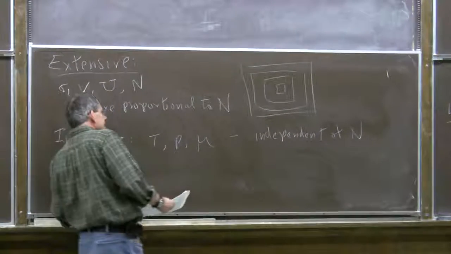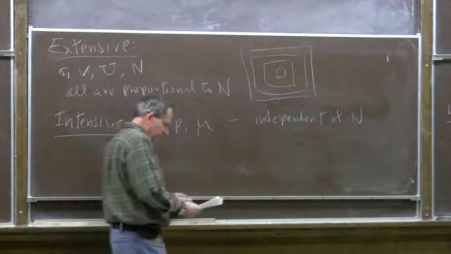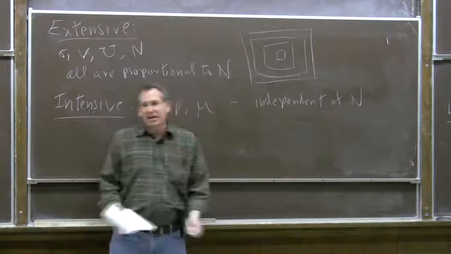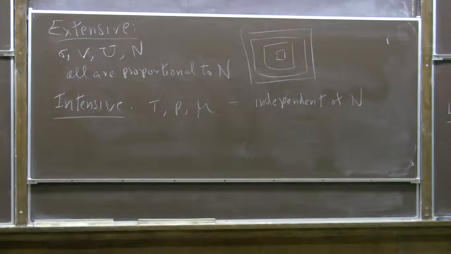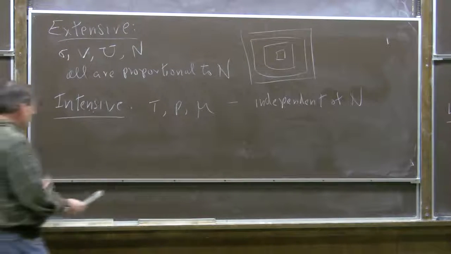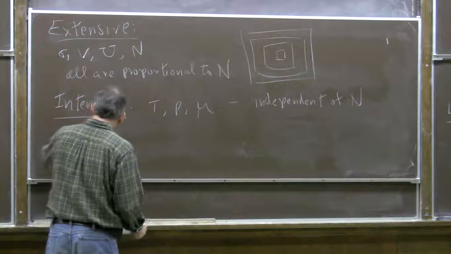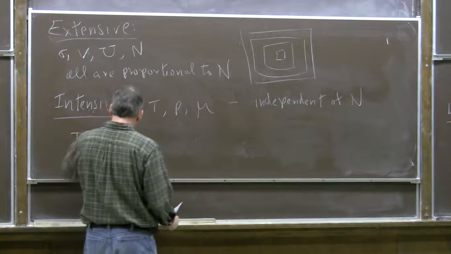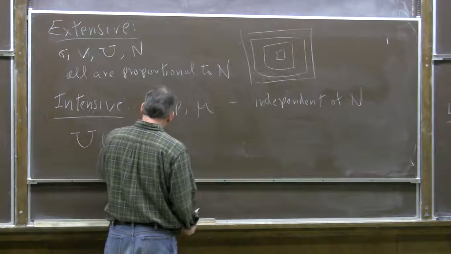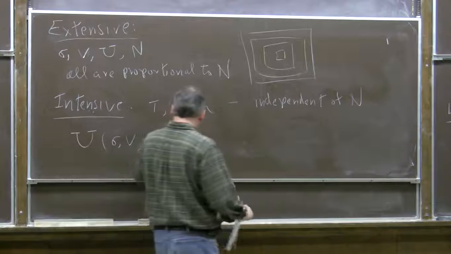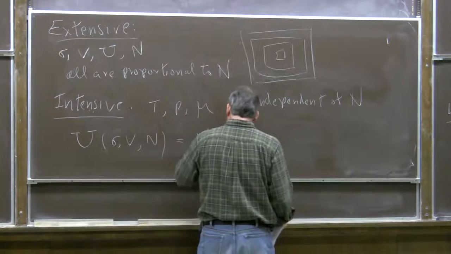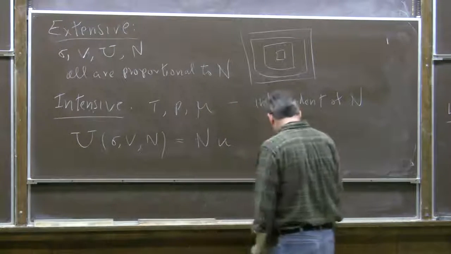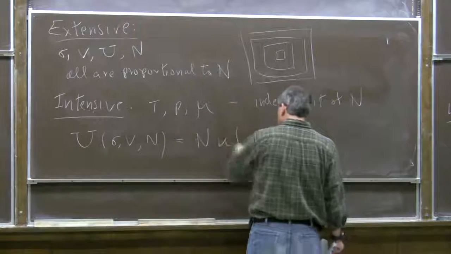Now I can always get an intensive quantity from an extensive one by dividing by another extensive quantity, like, say, the number of particles. So in other words, I can say that U, the internal energy, which is a function of sigma, V, and N, I can write that as number of particles N times little u, the internal energy per particle.